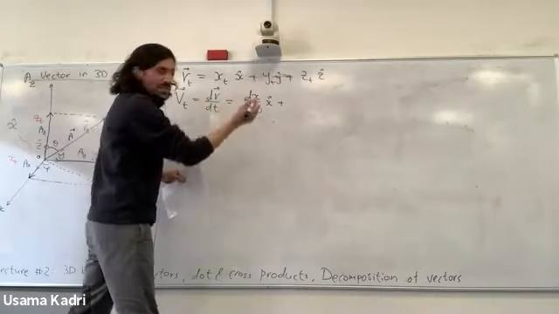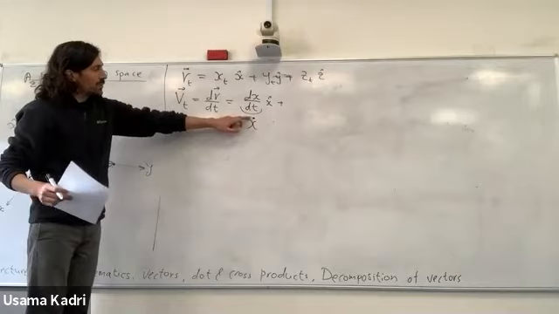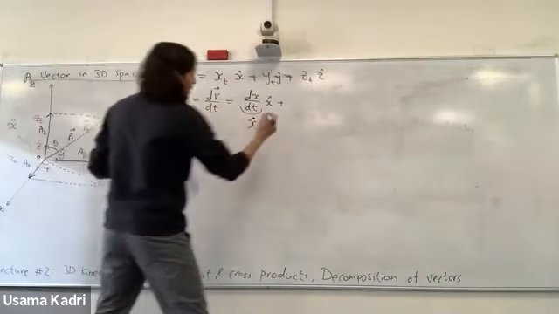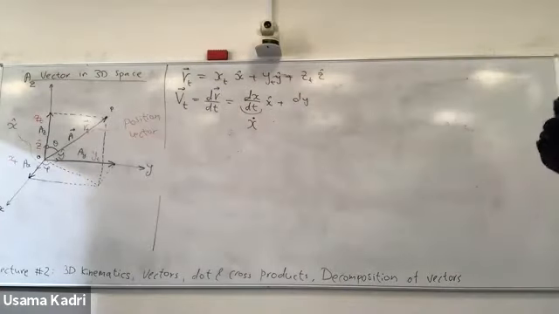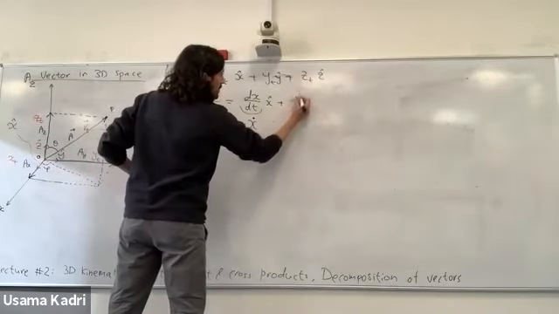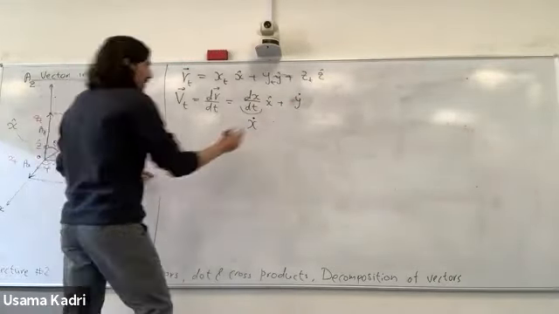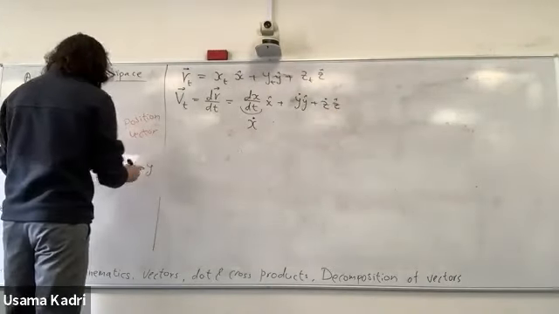Instead of writing dx dt, I'm going to write x dot. The x dot will tell me that it's the derivative in time. It's just going to be easier to write. Then we have dy dt, so instead of writing dy dt, I'll write y dot in the y direction, and then z dot in the z direction. Just makes things easier to write.